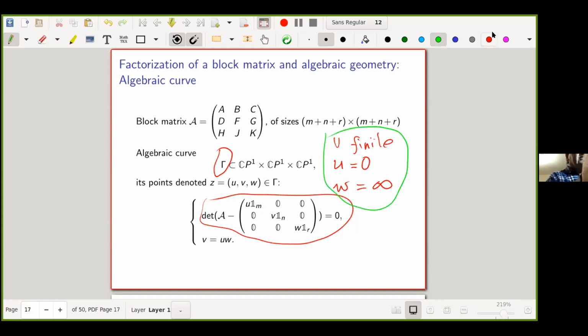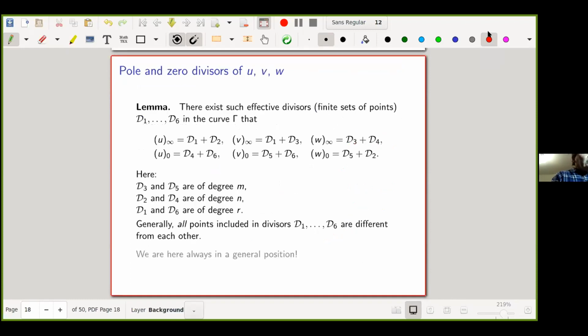Such points, by definition, U is 0, W is infinity, correspond to some divisor that is called here D4. D4 consists of n points.